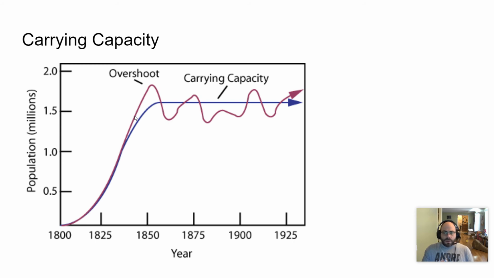Then populations boomed, and we saw the human population begin to grow exponentially as we eliminated our limitations. And so most populations are going to grow according to this carrying capacity.